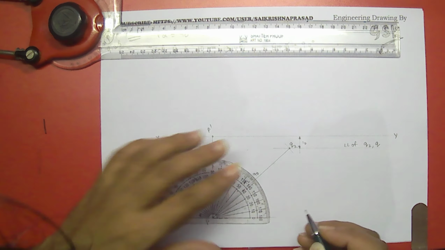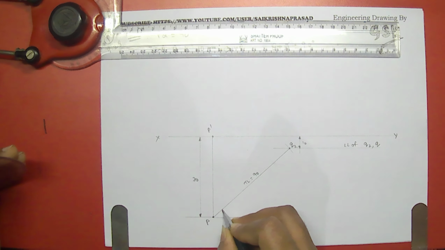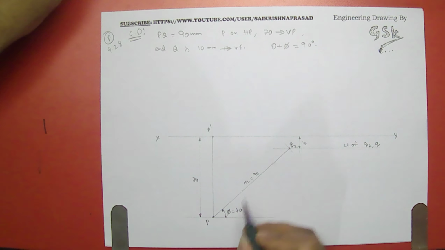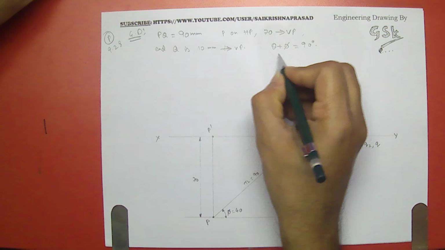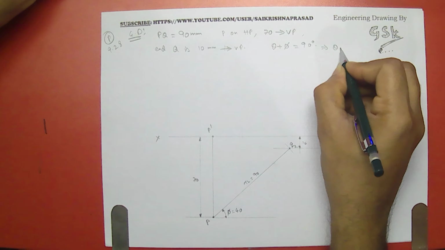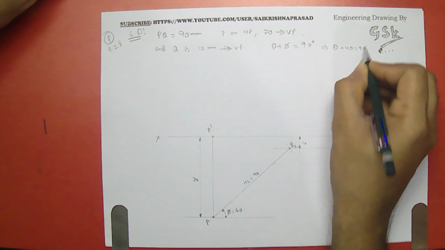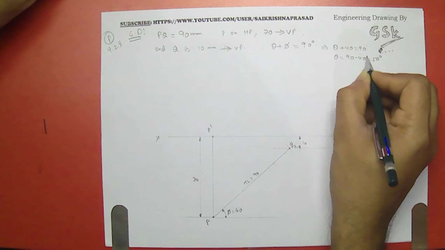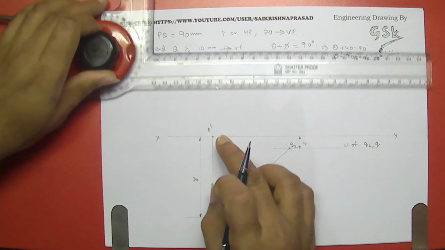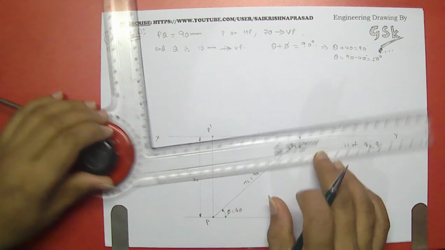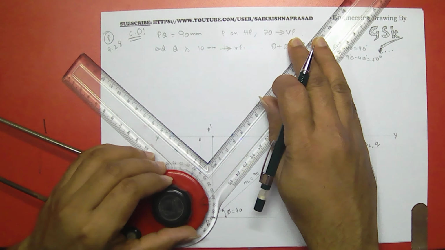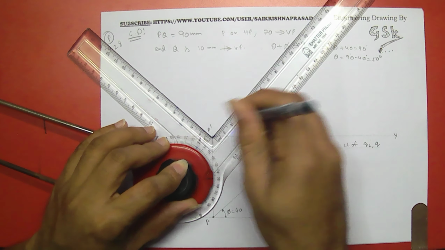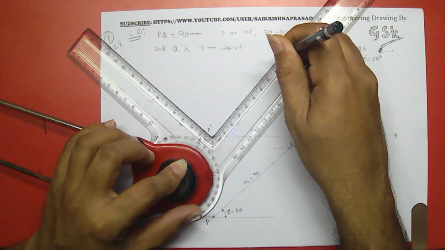Here the phi angle is 40 degrees. Phi is equal to 40 degrees. So from the equation, when phi is equal to 40 degrees, then theta plus 40 is equal to 90. Then theta is equal to 90 minus 40, that would be 50 degrees. So I can draw a line of 50 degrees from P dash, up to 90 mm.